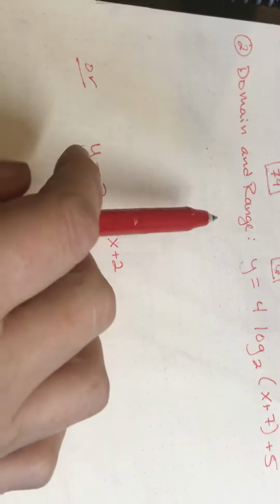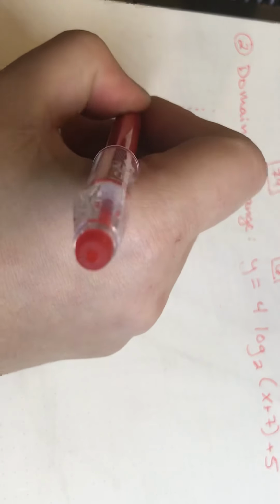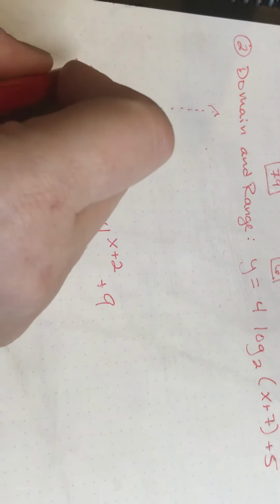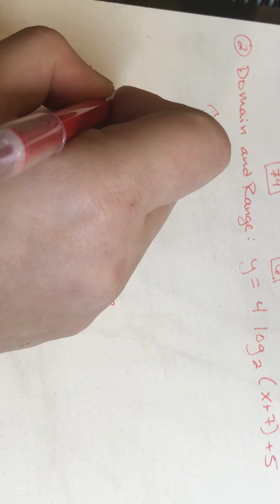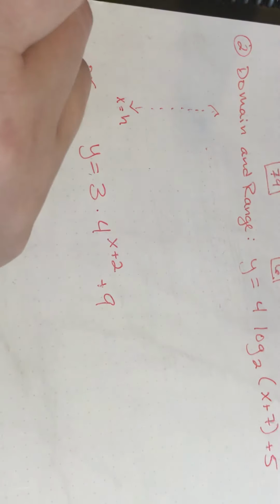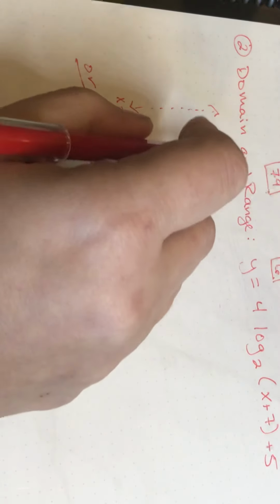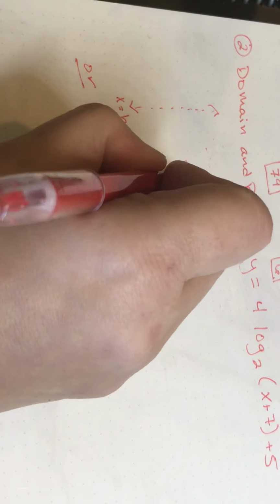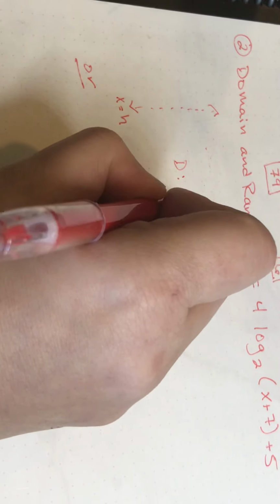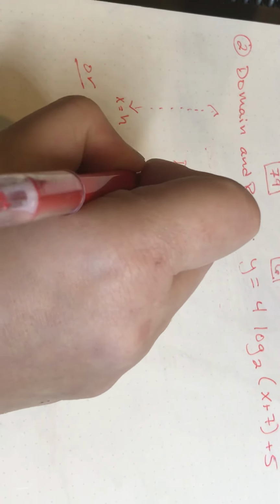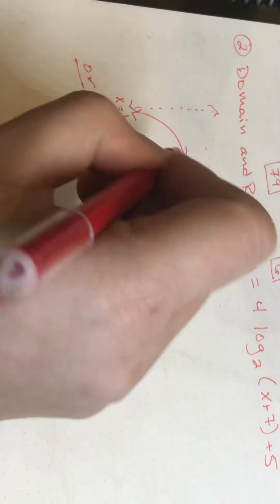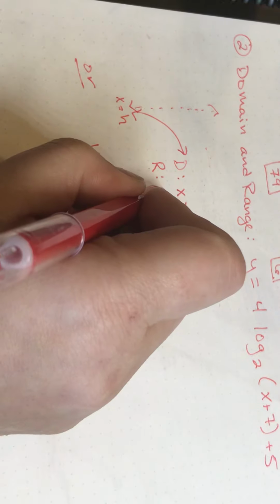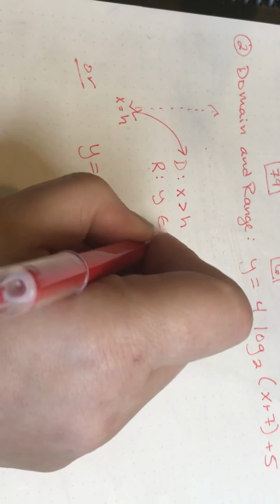So remember, for log functions, you have a vertical asymptote at x equals h, and so your domain is always going to be x is greater than h, and your range is going to be y is the set of all real numbers.